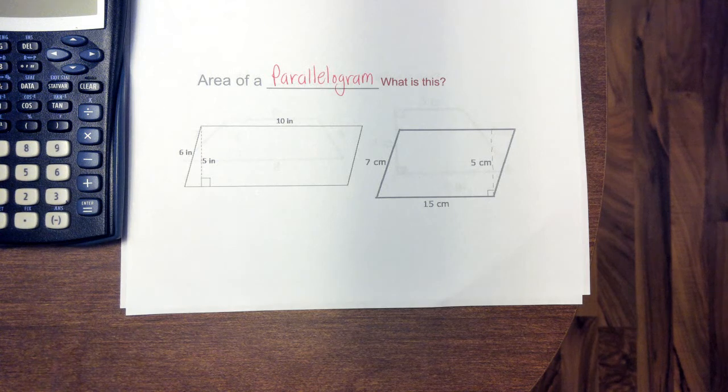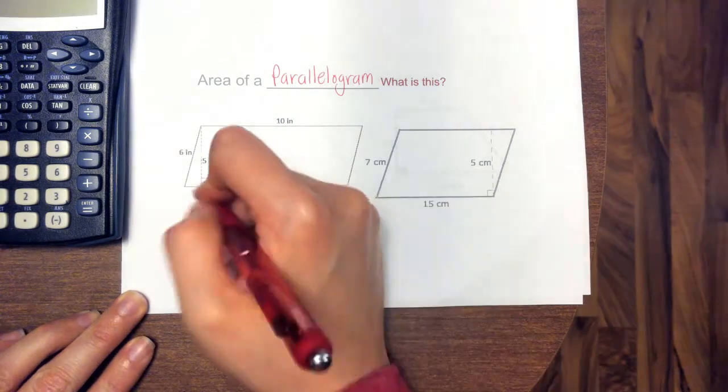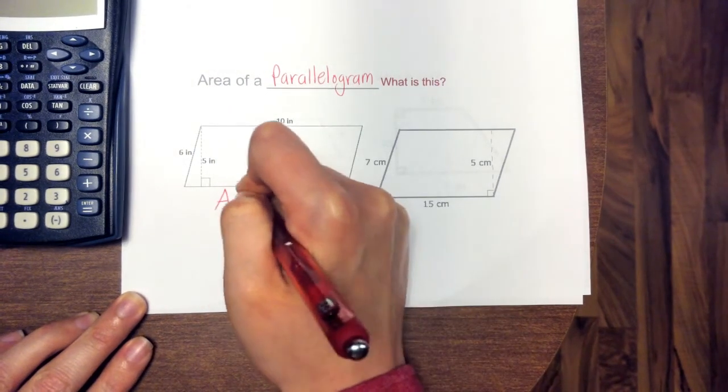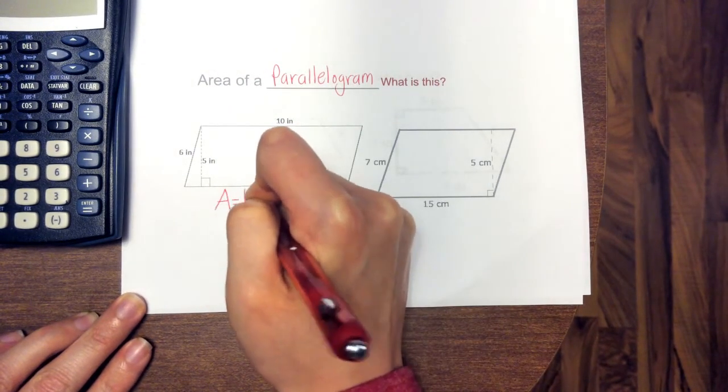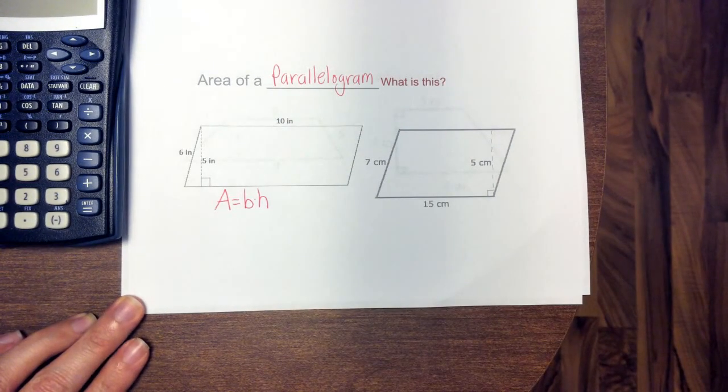Now, I am going to tell you this every single time we do anything in this chapter. You always want to start by writing out your formula. You want to do that because your formula tells you what to do. So our formula for parallelograms that I wrote up above is A equals BH.